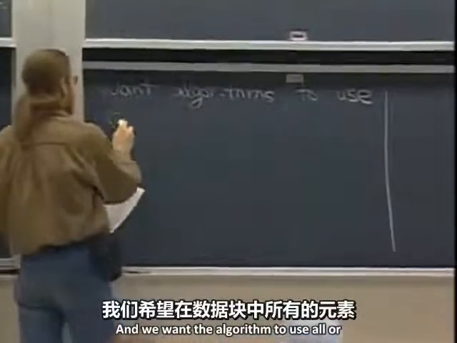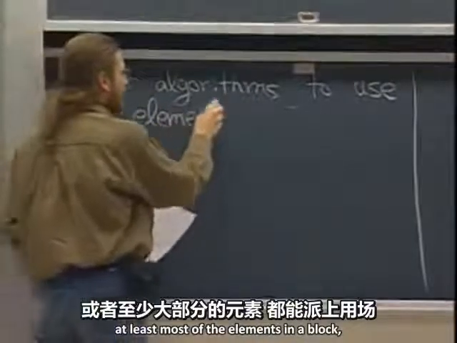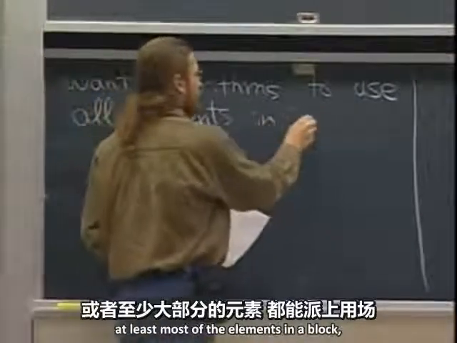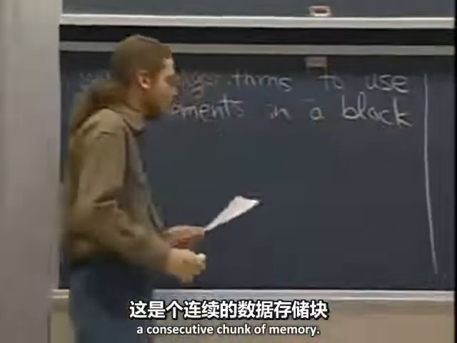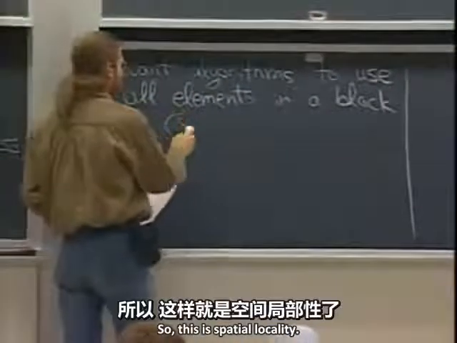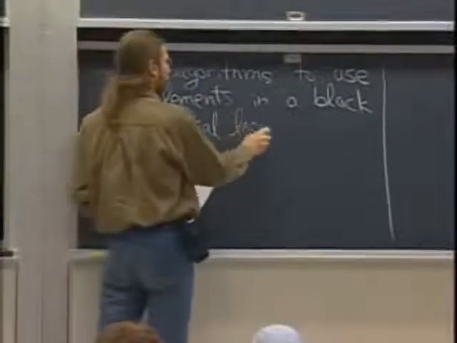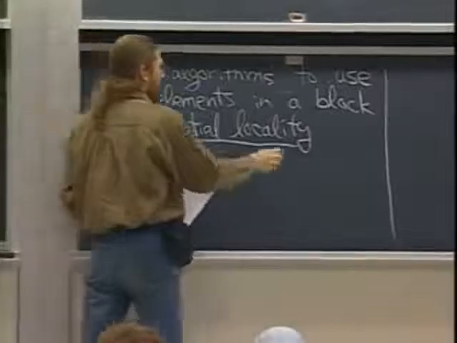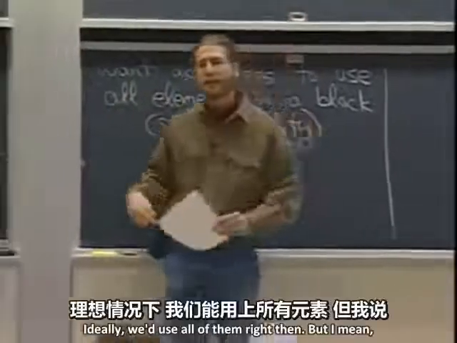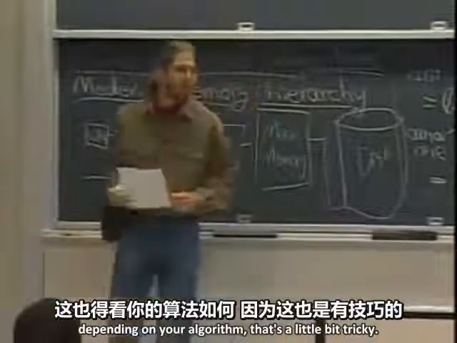And we want the algorithm to use all, or at least most, of the elements in a block, a consecutive chunk of memory. So this is spatial locality. Ideally, it would use all of them right then. But depending on your algorithm, that's a little bit tricky.